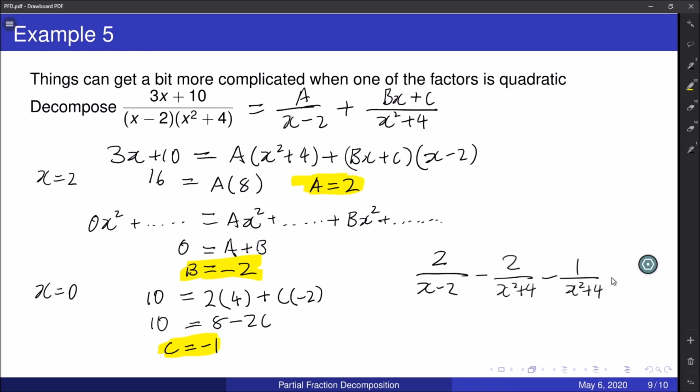And so that's pretty much it. Only thing is, if there's no easy way to eliminate that term, you can always match coefficients to find out what those numbers are. Okay, and last one.